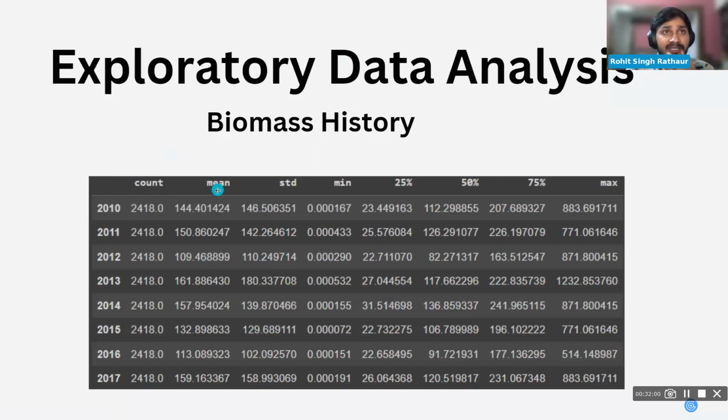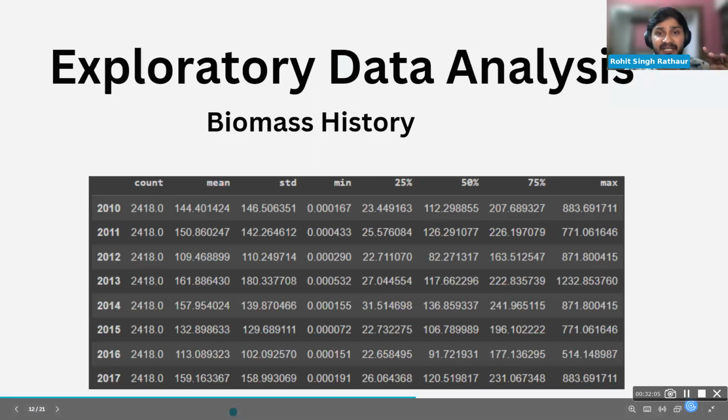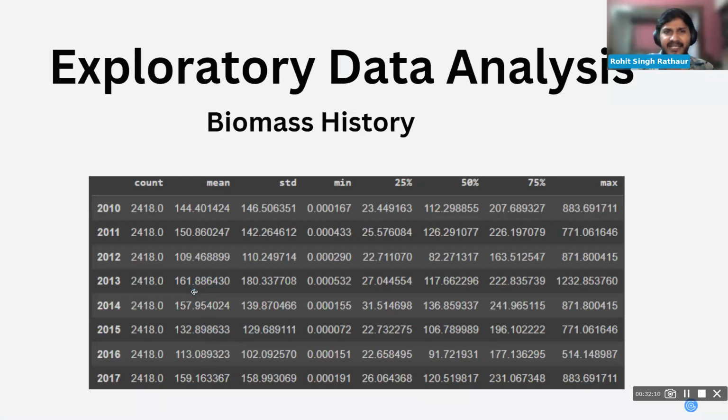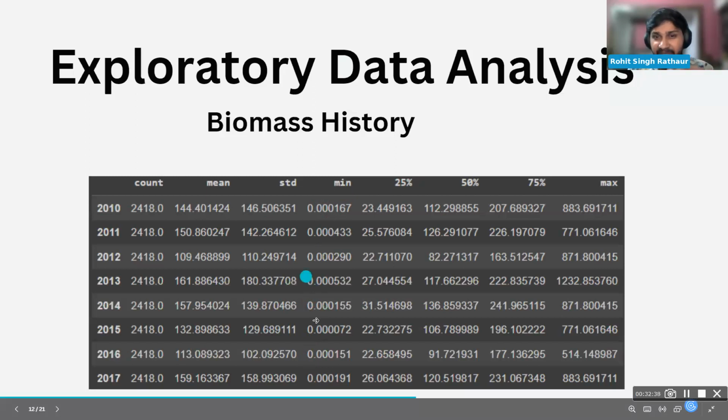In the mean column, the mean biomass availability varies slightly from year to year, but generally it is around 130 to 160 units. The standard deviation is quite high, indicating a large variation in biomass availability across different harvesting sites. And the minimum value is almost zero every year.